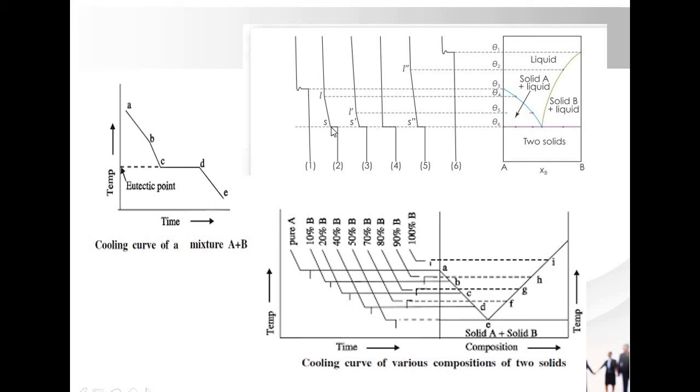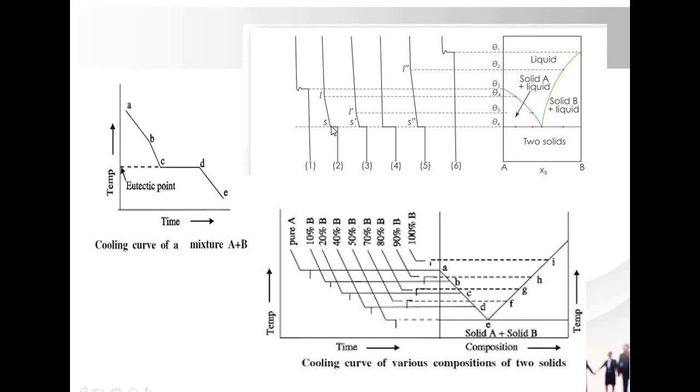And notice the second break is obtained at the point at which the temperature remains constant. Can you interpret? Can you find anything similar in this? The freezing points are different for different compositions, but these points, the eutectic temperature, will be the same for all mixtures irrespective of their composition.